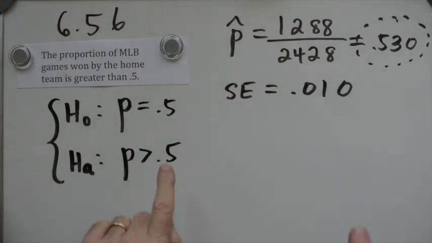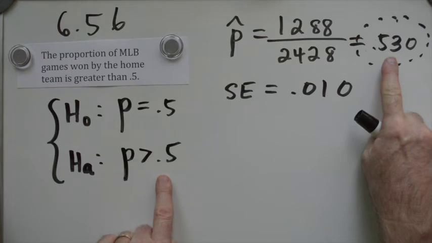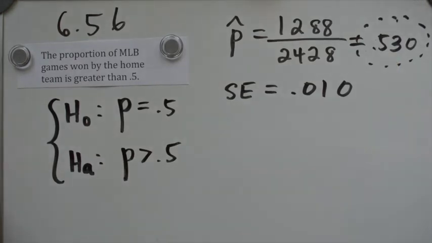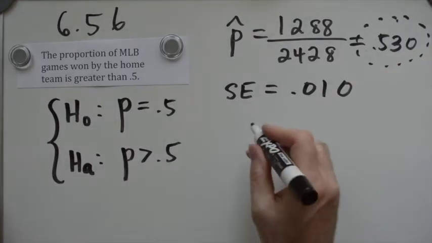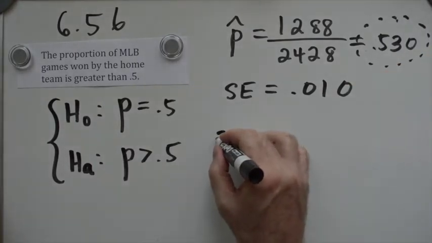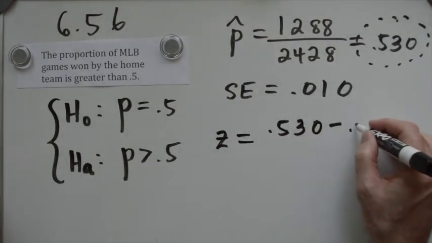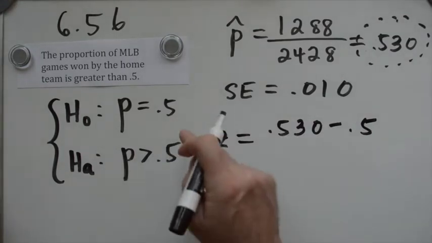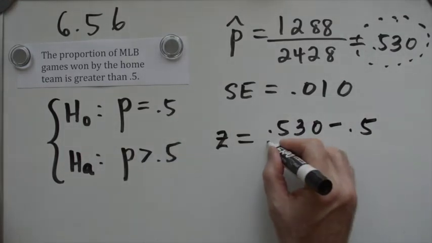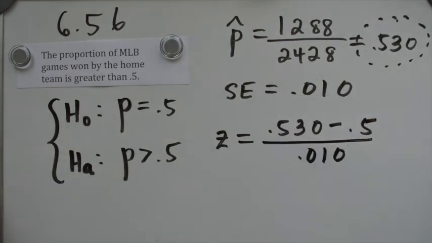And so we're just trying to see if the sample provides enough evidence for this alternative hypothesis. Now, how do we do that in our mixed strategy? We standardize this 0.53 and we put it onto a standard normal scale. So we take the 0.53, we subtract the 0.5, the null parameter given to us by the null hypothesis, and we divide by the standard error that we got from the dot plot.